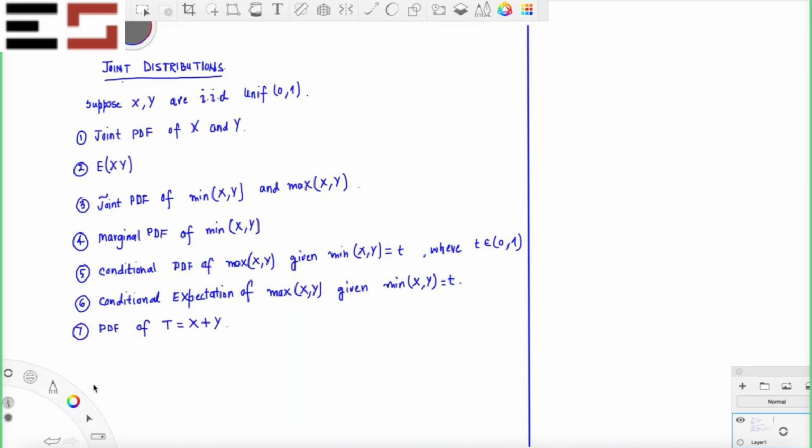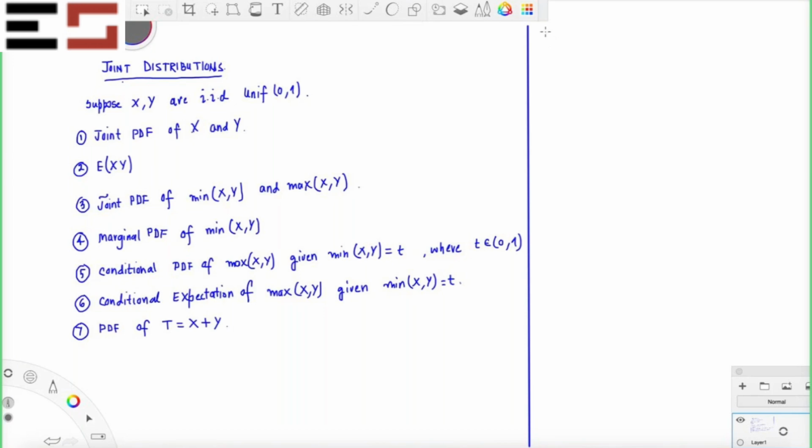Can you tell me what is the joint PDF of X and Y? Anyone? Since X and Y are independent, the joint is the product of the marginals.